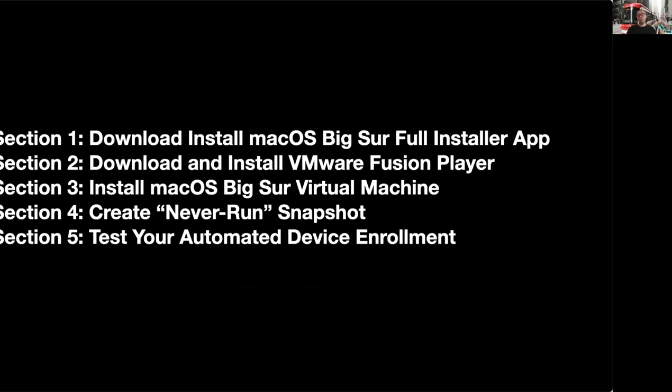So we can break the steps into 5 different sections. First, you need to download the full installer. It's fairly straightforward. Second, you need to download and install the Fusion Player. If you have a Fusion Pro, that's also great. And then third, install the macOS Big Sur virtual machine.